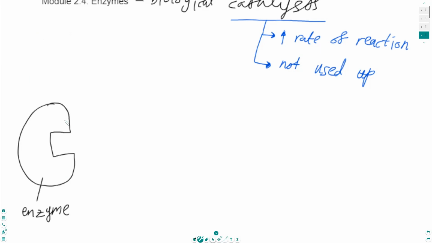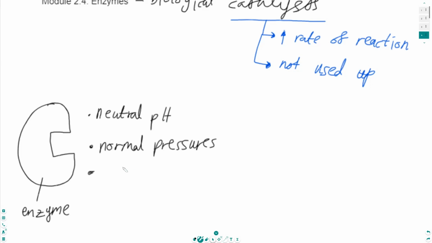Enzymes often work at neutral pH and at normal pressures, and they're able to function at lower temperatures, like the body temperature of 37 degrees Celsius.